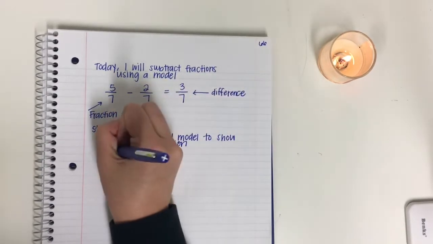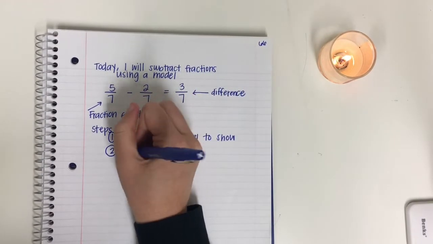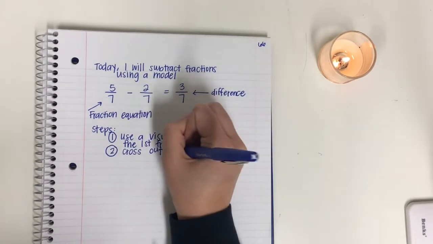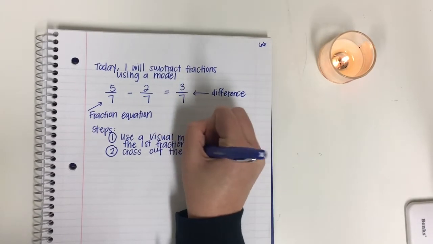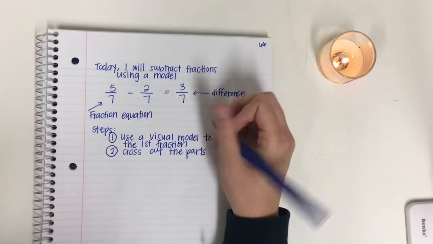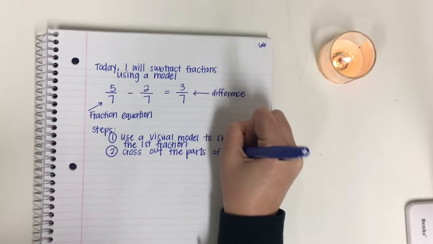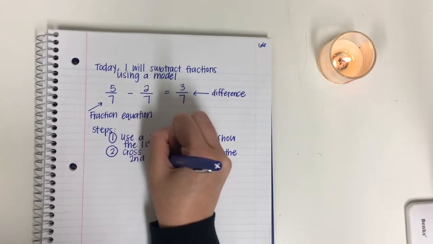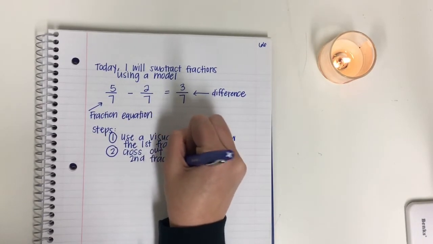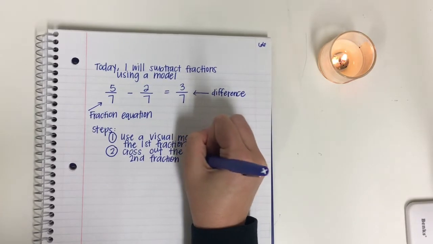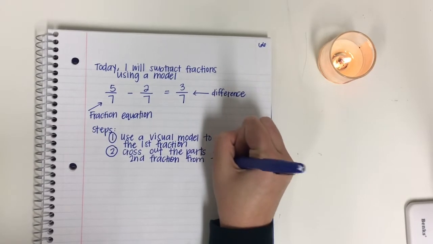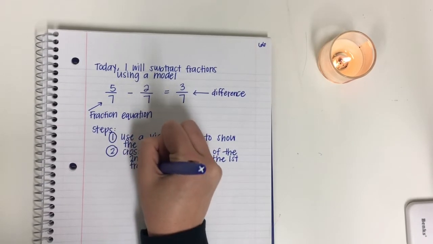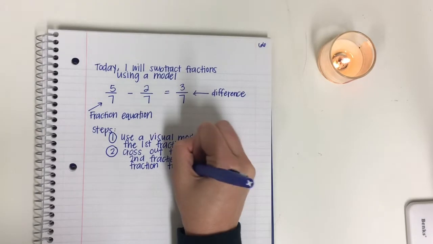Okay, and then step 2 is to cross out the parts of the second fraction from the first fraction to find the difference.